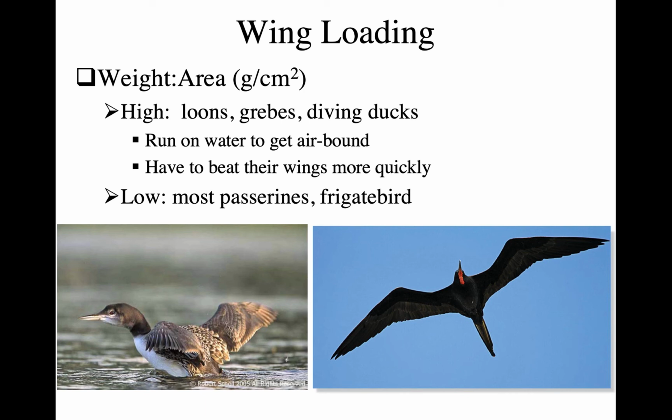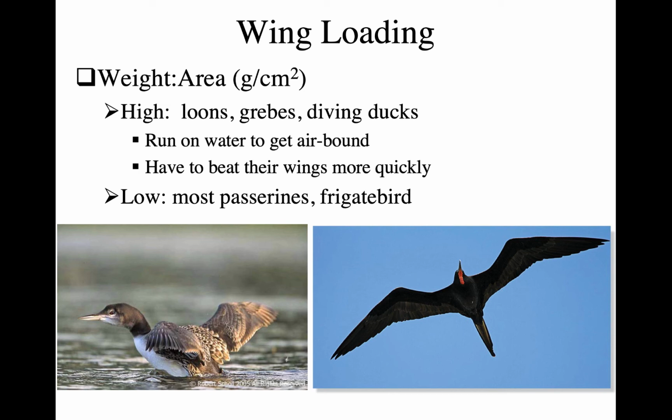And so to get airborne, again, when there's low wind conditions, they have to run across the water to generate enough dynamic pressure to get lift. They also have to beat their wings more quickly to, again, get that faster airflow, that greater dynamic pressure to keep lift going. Small birds, like most passerines, are relatively small anyway, and so they have large wings, and so they have what is called low wing loading.